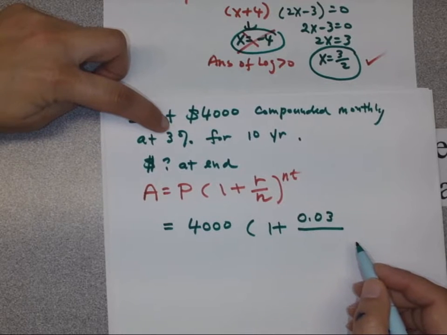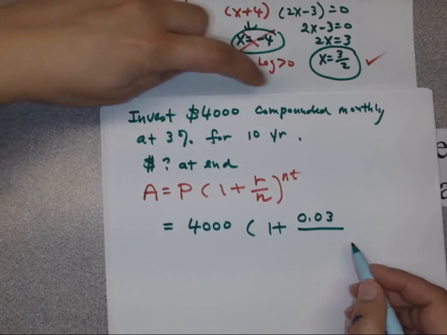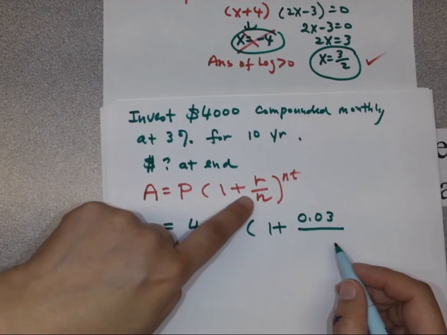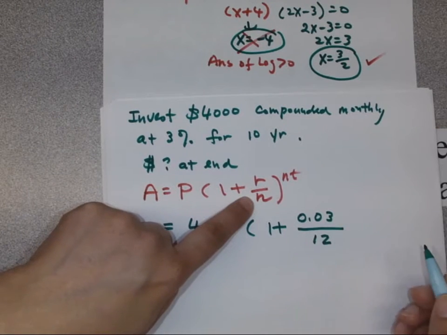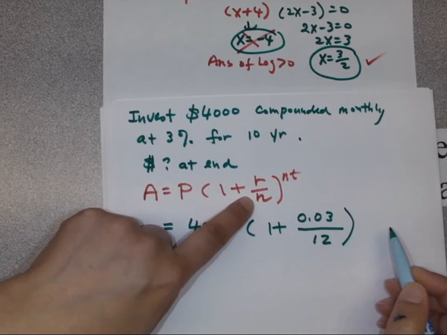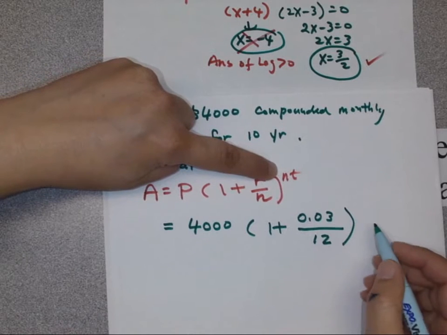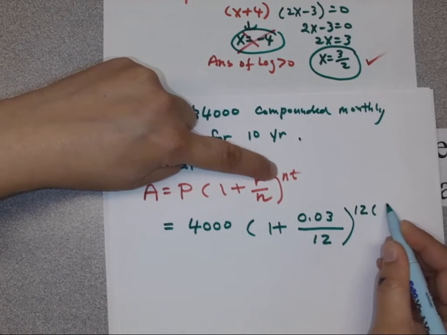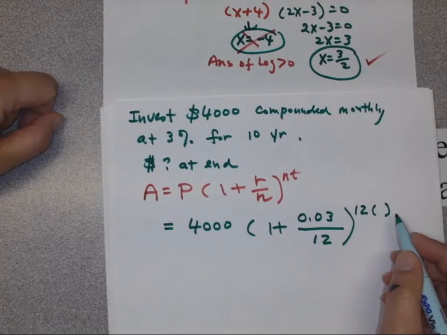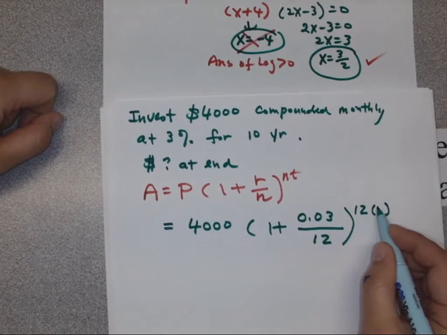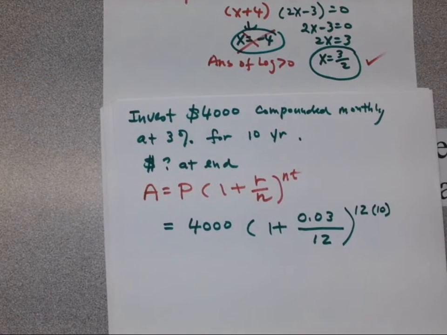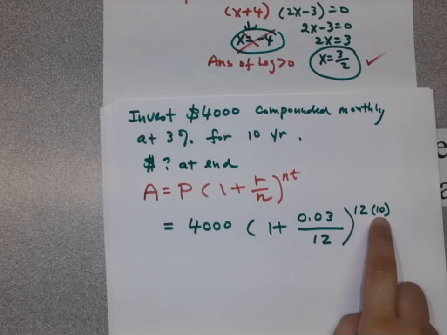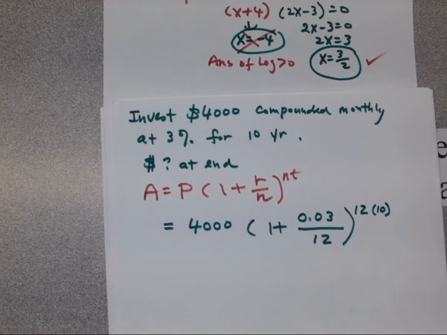Over n, which is 12, because monthly means you compound 12 times a year. And then how many years? 10 years, sorry, I cannot see it. So this means 12 times a year for 10 years. This basically represents how many times it's going to be compounded.